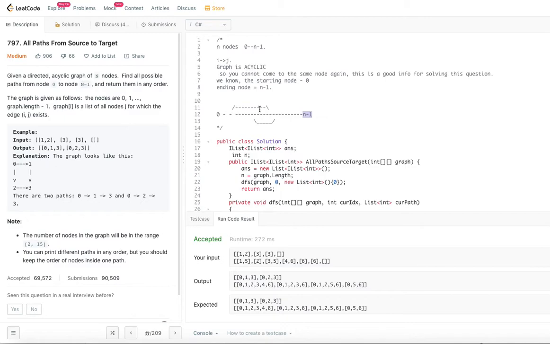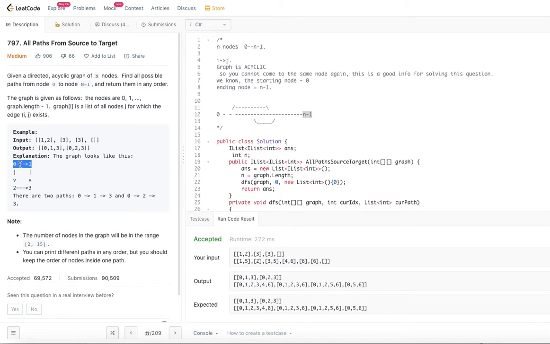You have to return all those paths as the answer. In the example on the left side, from 0 to 1 there is a path, and from 1 to 3 there is a path. Since we are tasked to get all the paths from 0 to n minus 1, we are interested in the paths from 0 to 3 only.